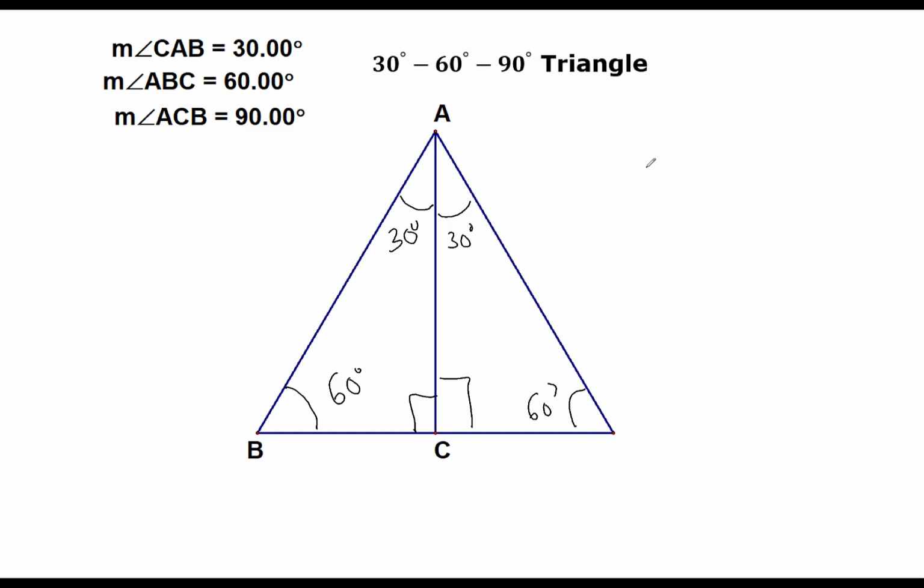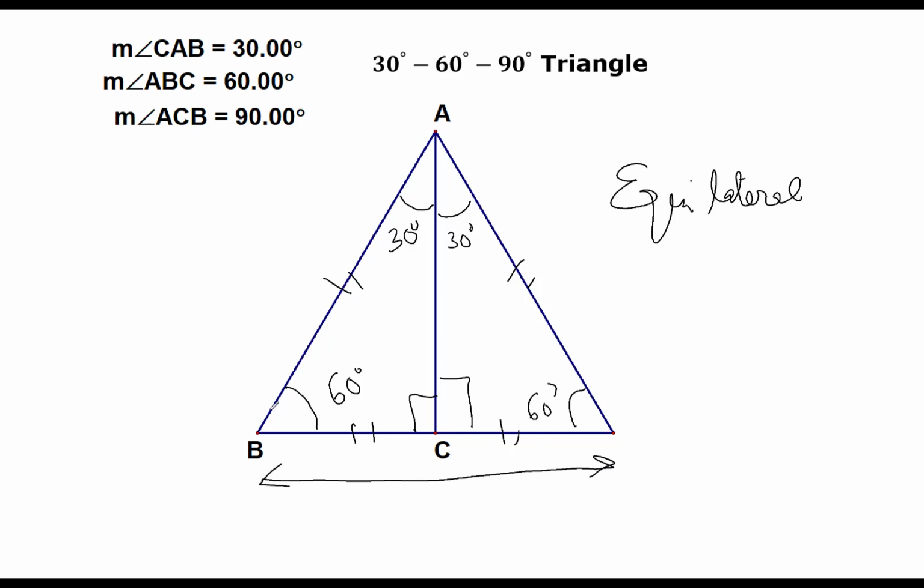So this triangle becomes an equilateral triangle. All these sides are congruent, and so what we notice here is that this and this are going to be congruent, and this entire side is the same in length as this entire side.